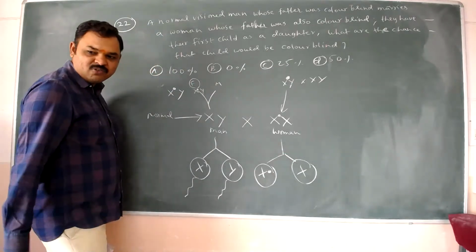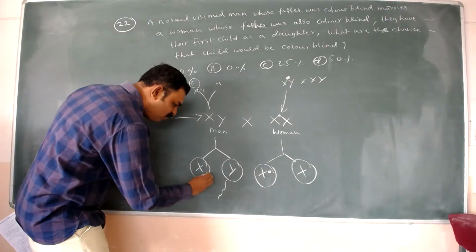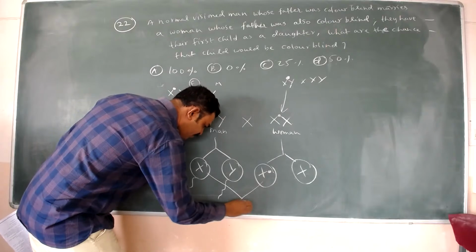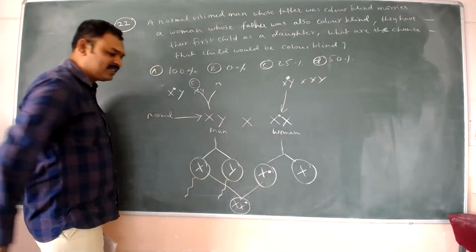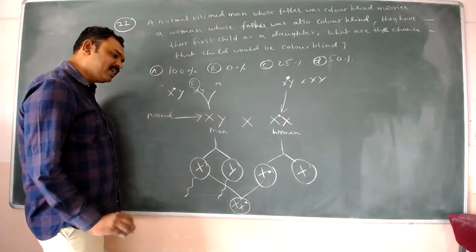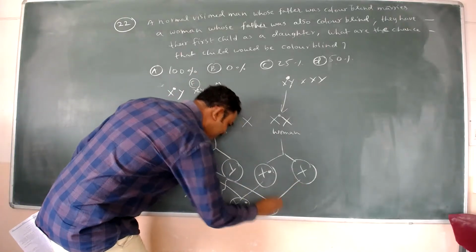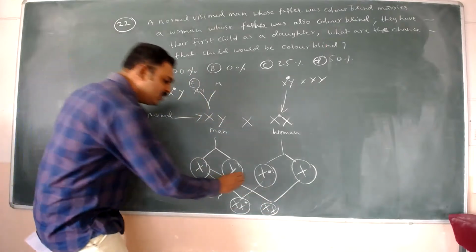Now this X chromosome sperm mating gives X and X with the defective gene. These are the carriers. Next, the daughters are XX like this.